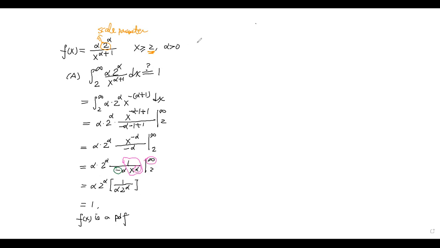Okay, now let's take a look at the second part. They want to find the expected value of this Pareto. So the expected value will be the integral from 2 to infinity of x times 2 alpha over x to the alpha plus 1 dx.